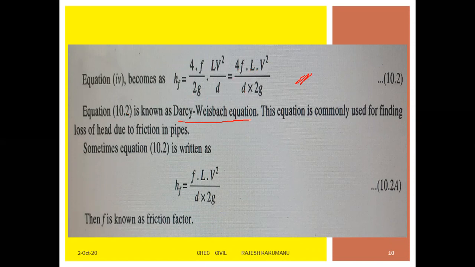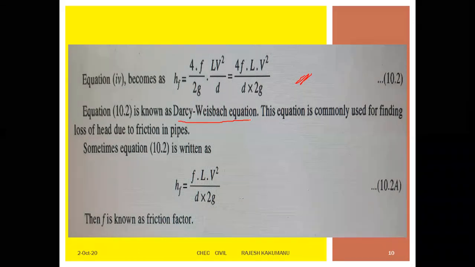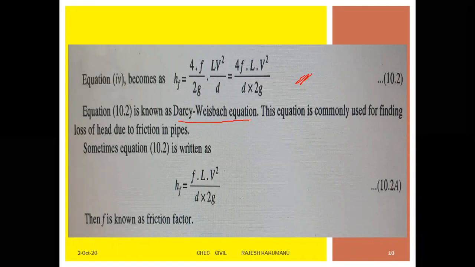So whenever you get a question to derive the Darcy-Weisbach equation of a horizontal flow, you should do this derivation. This equation is commonly used to find out the loss of head due to friction in pipes.